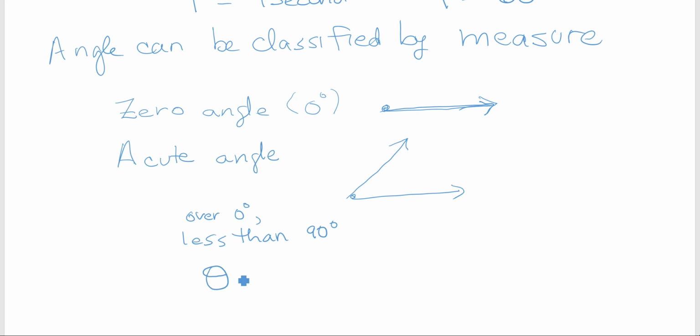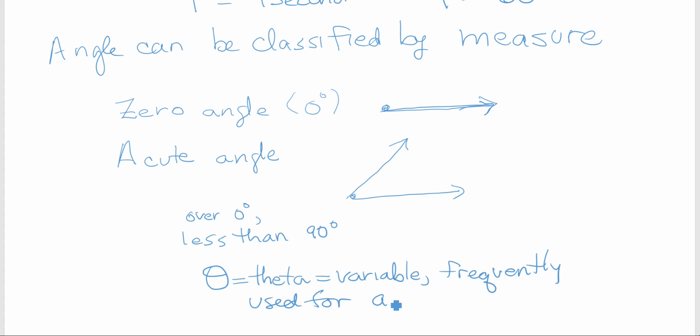Sometimes we see the Greek letter theta. It's a variable that's frequently used for angle measure. And so here, for my acute angle, I'd say 0 degrees is less than theta is less than 90 degrees.